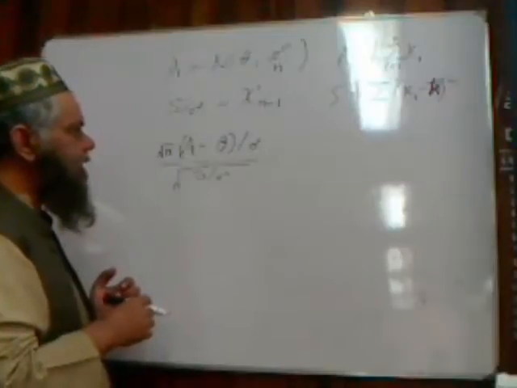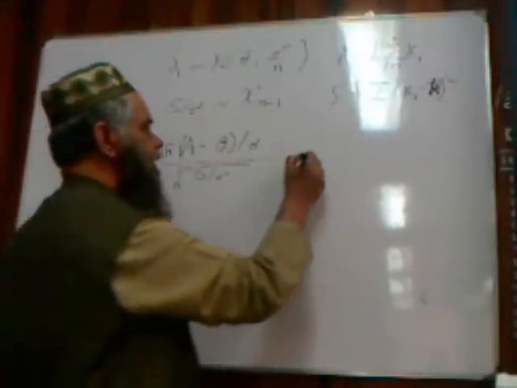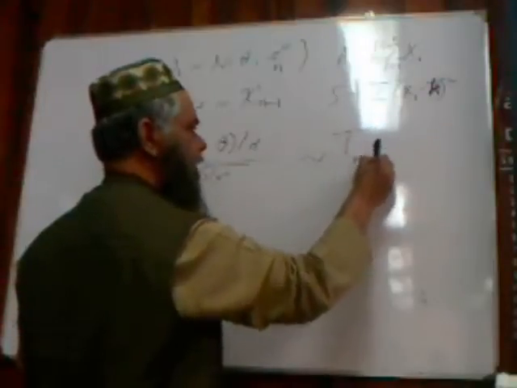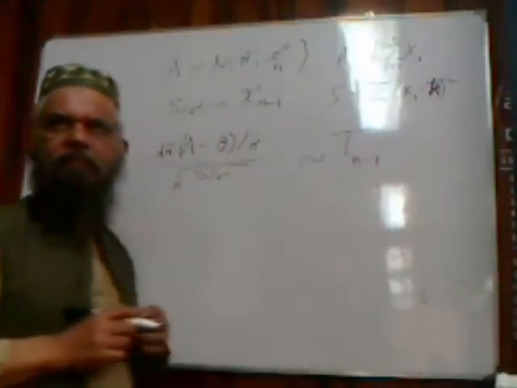So now this quantity is a T distribution with n minus 1 degrees of freedom.